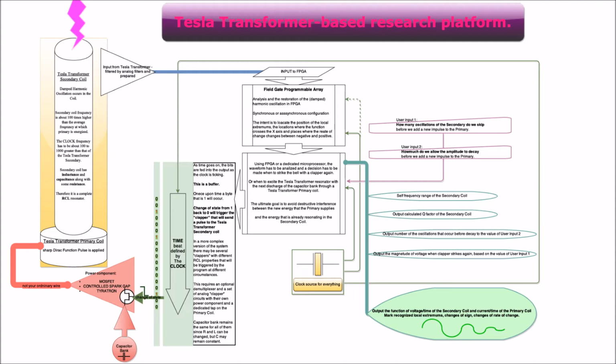The circuit cannot strike the Tesla every time it oscillates as an unmodified phase lock loop system taken from telecommunications will, because this will decrease the efficiency of the circuit and it will not give the Tesla secondary room to wander off in frequency as it would naturally. It will defeat the purpose of this setup as a research platform.